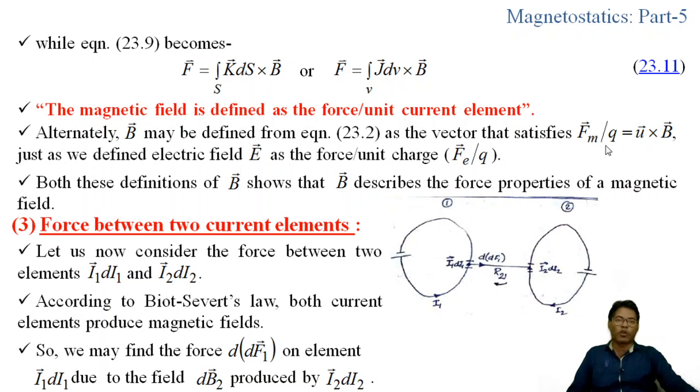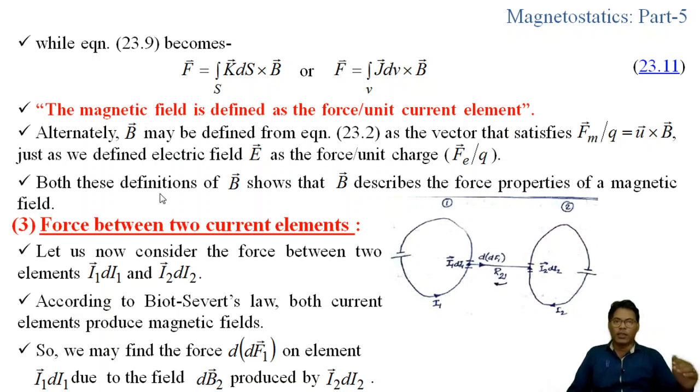Just as we have defined the electric field E as F_E by Q, both these definitions show that B describes the force properties of the magnetic field.